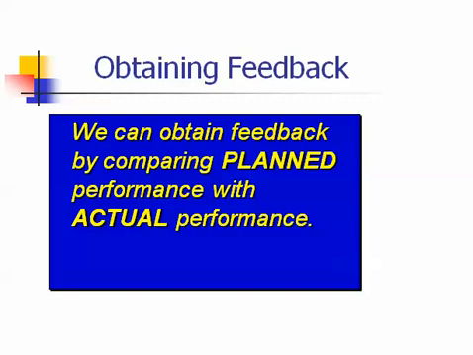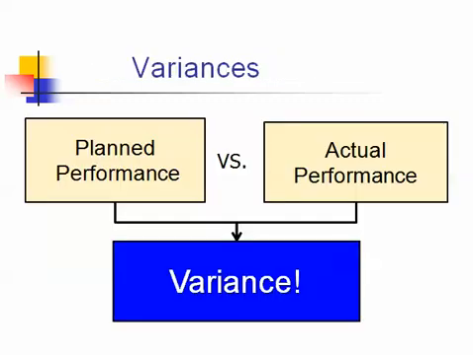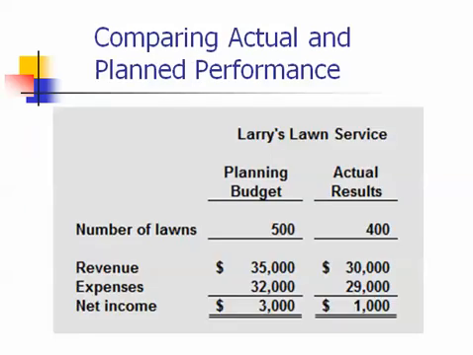So moving on, when we compare our planned performance with actual performance, the difference between the two is referred to as a variance. Variances can arise from a number of different reasons, but the important thing to remember is a variance is simply the difference between two numbers, in this case our planned performance and our actual performance.